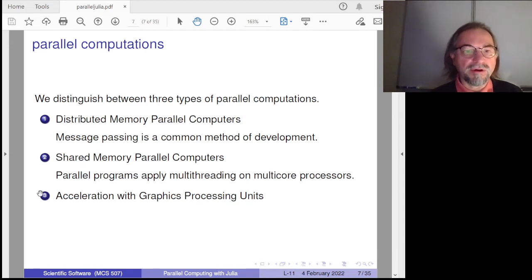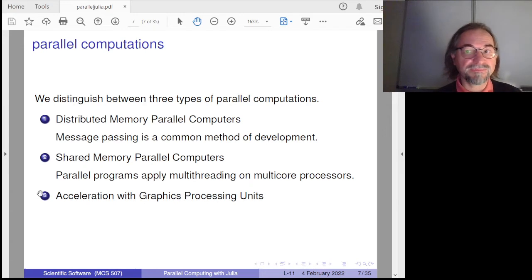The third type of parallel computation is acceleration with graphics processing units, or GPU computing. I will only mention this. Later in the course, we may actually get to specific packages that can exploit GPU computing, but this topic is still a little bit too technical for a general purpose software course.